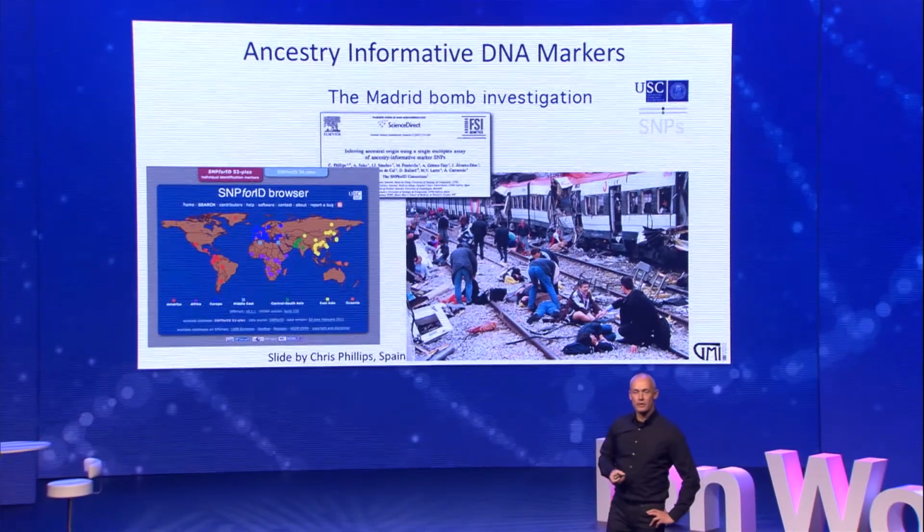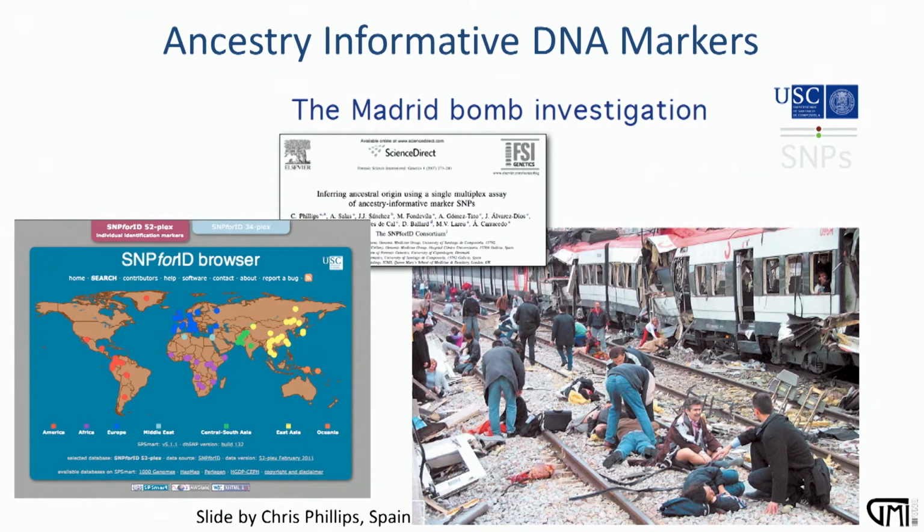We have pretty good models and markers to predict ancestry. That has been shown by our colleagues from Santiago de Compostela, Chris Phillips and his group, already in 2004, when they were typing the DNA of an unexploded device of one of those Madrid bombing devices. Now, the police found the terrorists with conventional means, but the DNA analysis at that time would have pointed at the right geographical origin to search for those people.